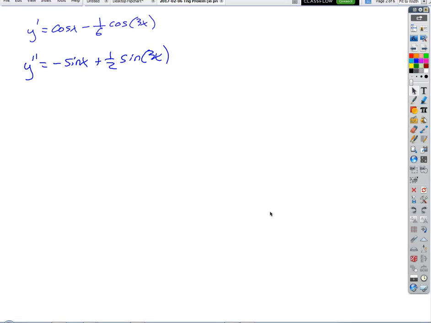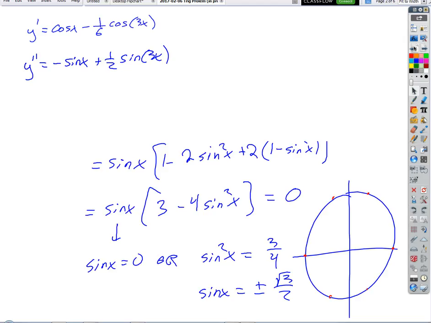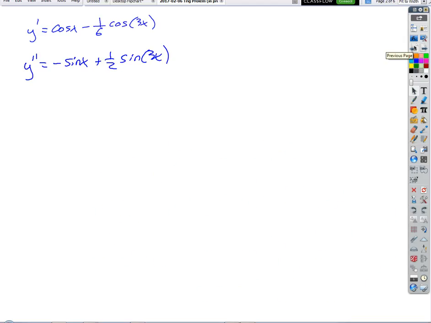Okay, so let's see here. So we were doing this, right? I think what we were doing is finding the critical numbers for, what did we do? I gotta remember here. Oh, right. So what we did is we took the sine 3x and expanded it, right?